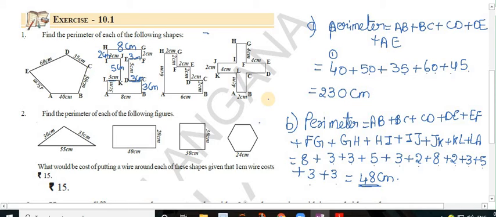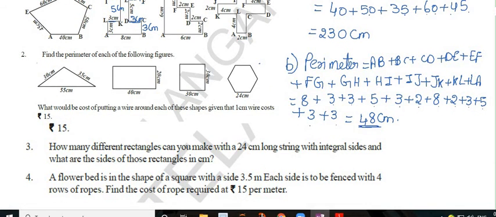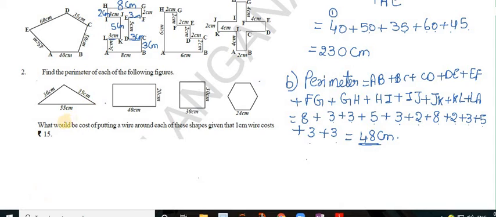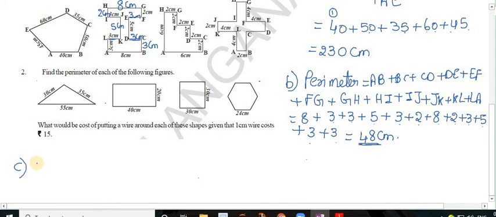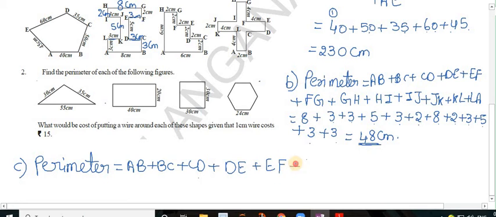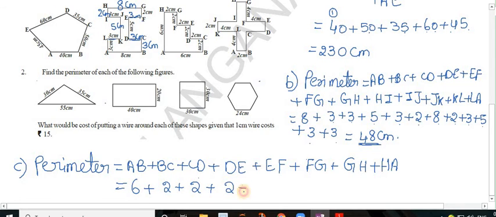And now in the same way we are going to solve for C. Perimeter is equal to AB plus BC plus CD plus DE plus EF plus FG plus GH plus HA, and AB is 6 centimeters, BC is 2 centimeters, CD is 2 centimeters, DE is also 2 centimeters, EF is 2, FG is 2, GH is 2, HA is 6.